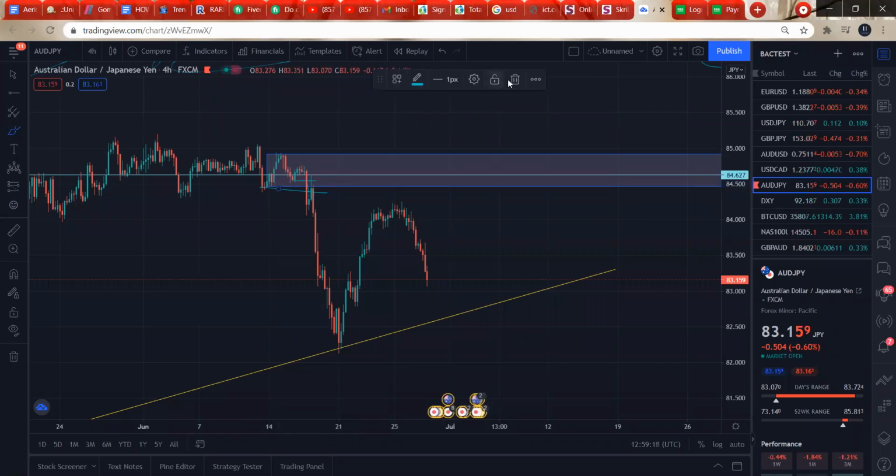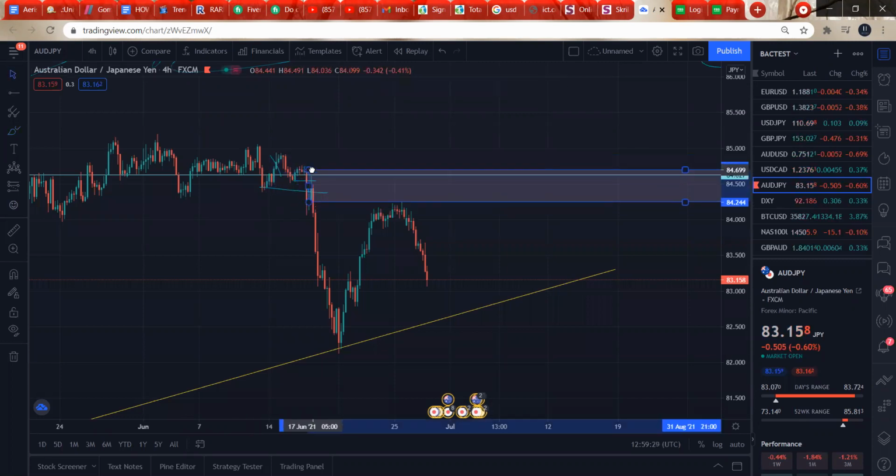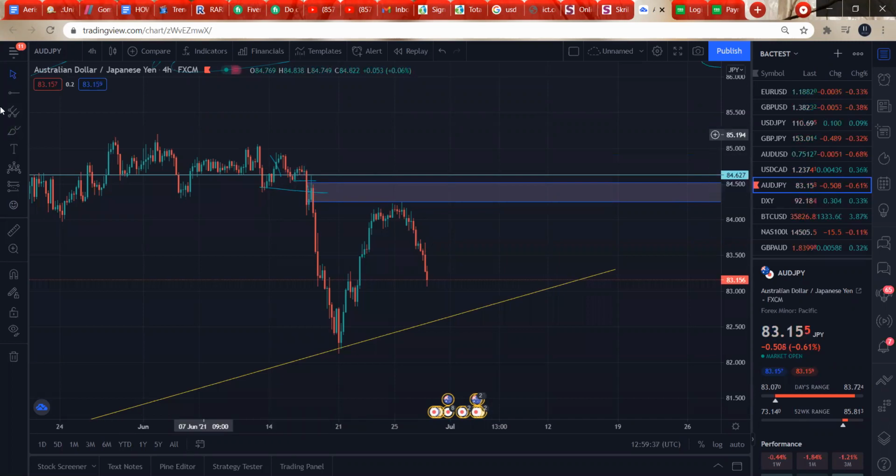So now we are just going to refine our order block to get the sniper entry. So now our order block is here. Because we can see on the 4-hour we have a new structure forming. Lower lows, the price is starting to form lower lows.